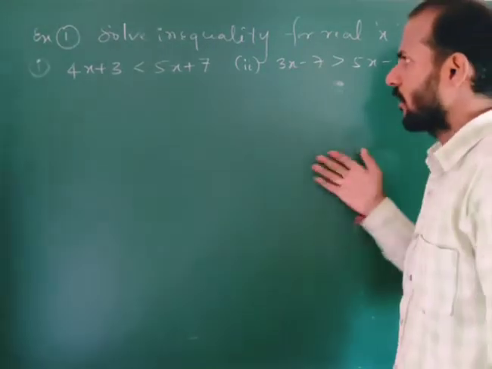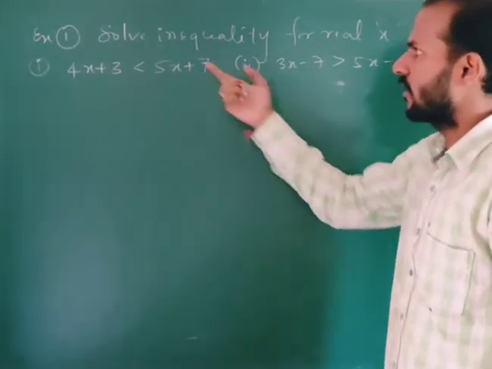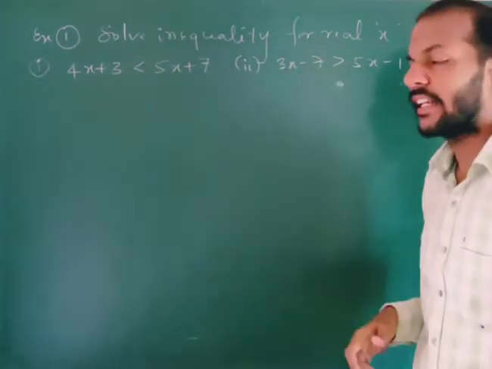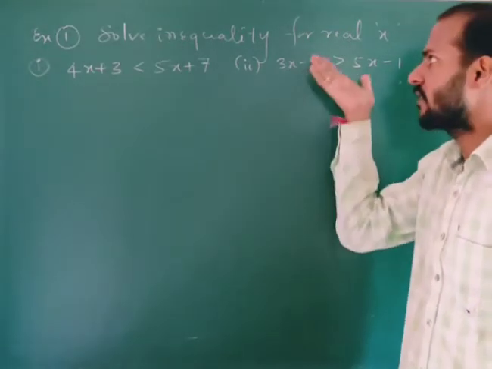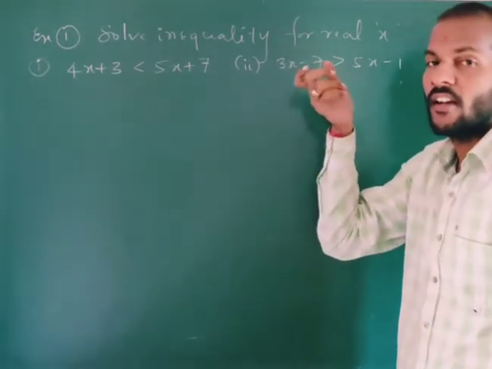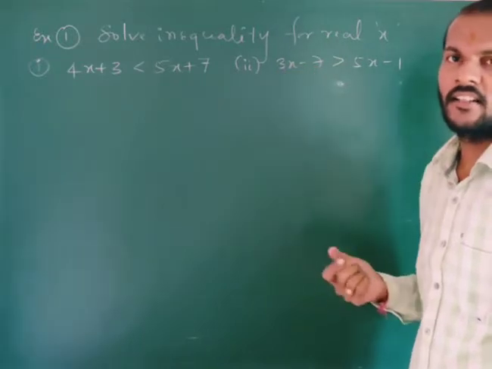Let's see one by one. Two examples are there in front of us. Solve the inequality for real x, they are asking. Here we have to find the value of the variable, that is nothing but our x, right?